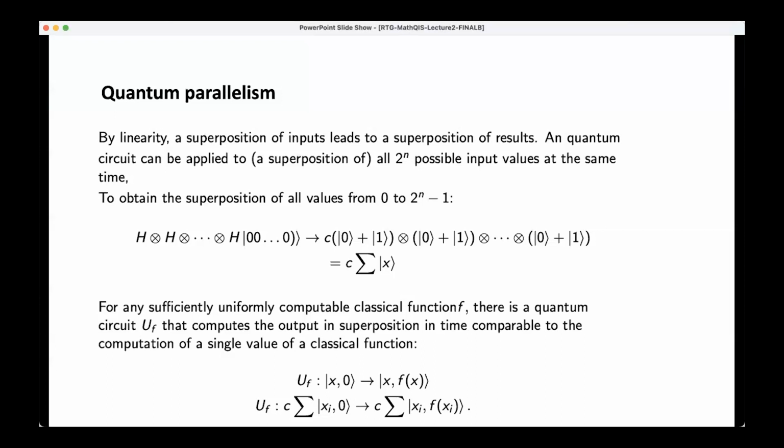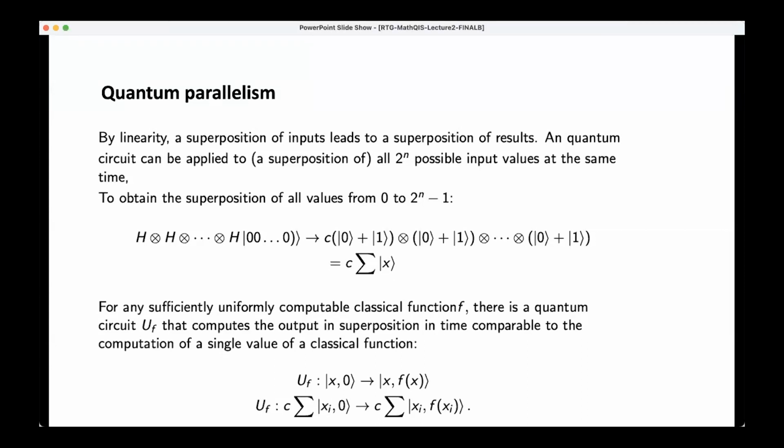And what is the story? The story is that a quantum circuit can be applied to all 2 to the power n possible input values at the same time. To obtain the superposition of all values from 0 to 2^n minus 1, we need to create a mapping of that form.